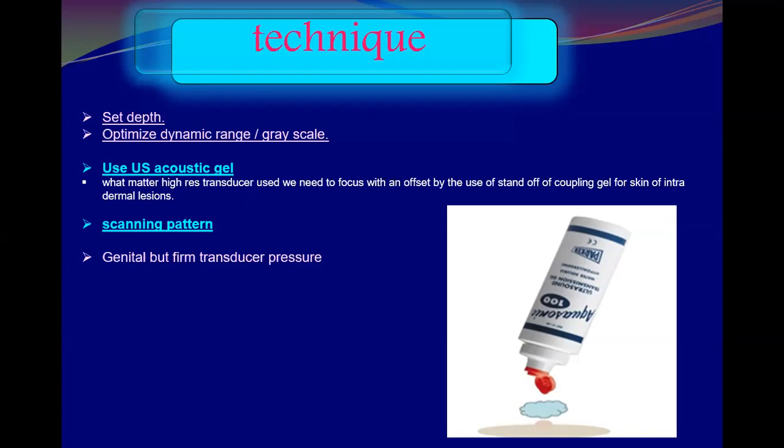Usually circular is the radial one. When you scan radial, you will go circular. Longitudinal and transverse. Excellent. Well done. What is the name of this longitudinal and transverse? Do you remember?